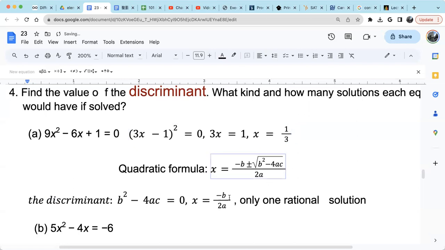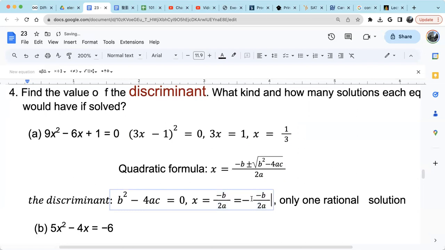Right? If we do it here too, negative b, because b is negative 6, it just becomes positive 6. Then the denominator, 2 times 1, just 2. 6 divided by 2, that's just 3.